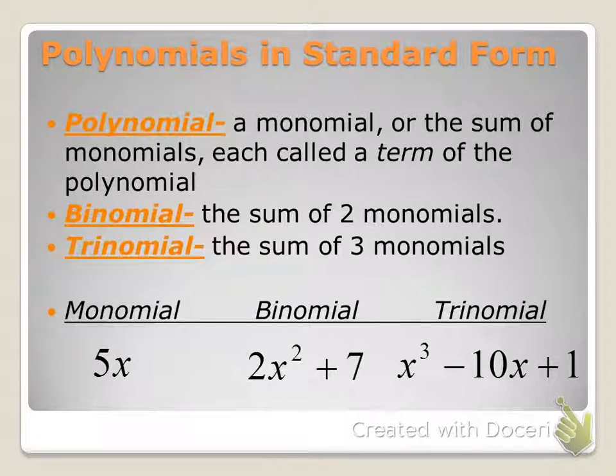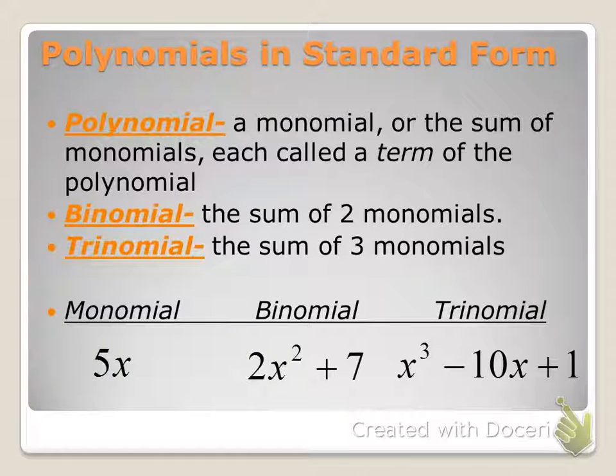So, a polynomial, say you had four terms, then you get into the technical ones I don't need you to know. We just generalize them by calling them polynomials. So a polynomial is like a general term. You could have 8 terms in a polynomial.